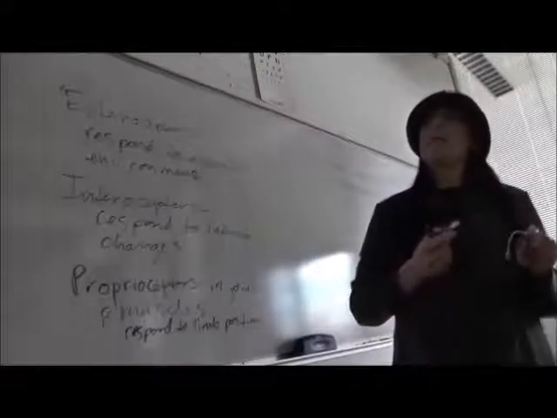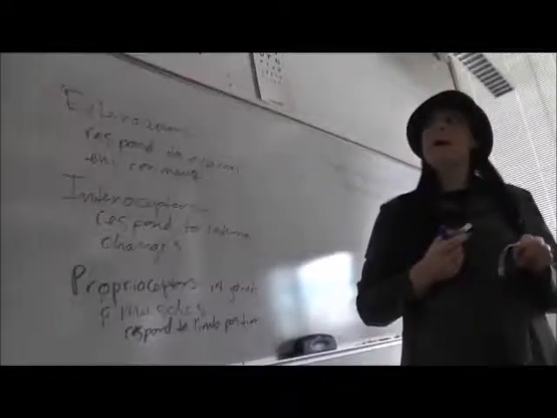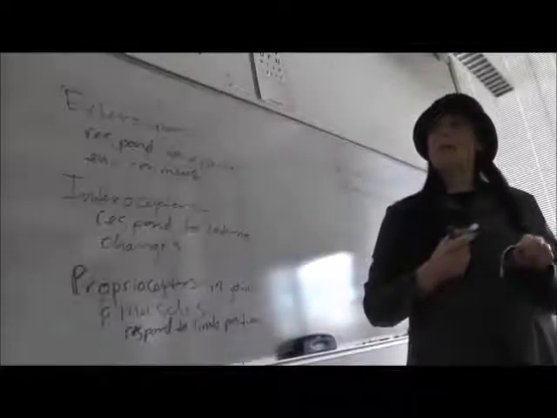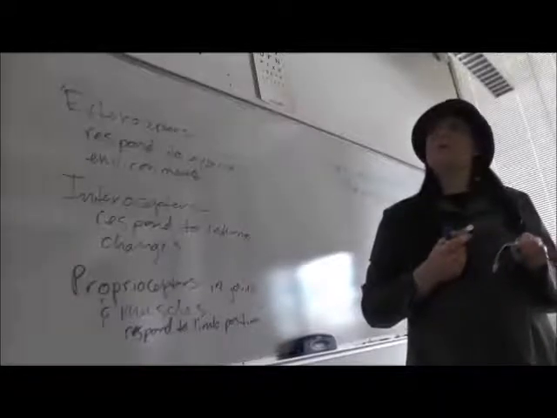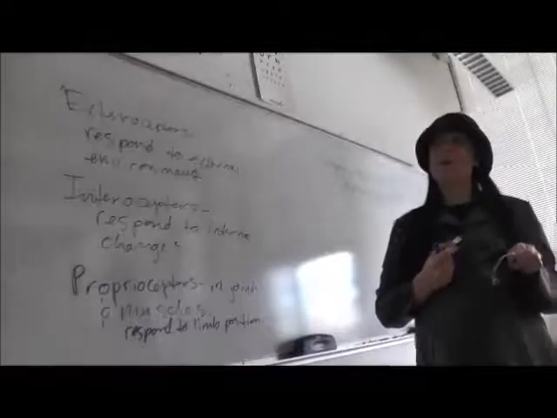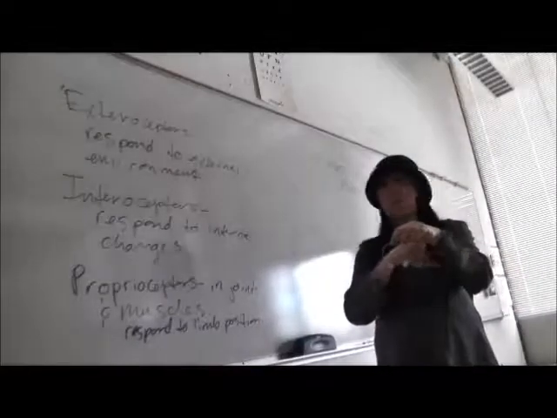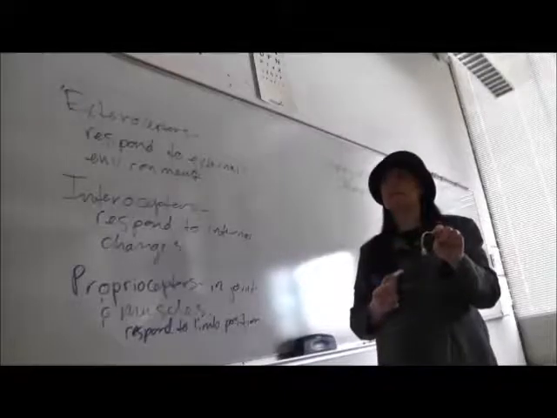And then the last type of unencapsulated or non-encapsulated nerve ending we have is this hair root plexus, or what your book is calling a hair follicle receptor. And these are again attached to the bulb of a hair and are going to respond if there's movement of the hair. So a bug lands on you or something.